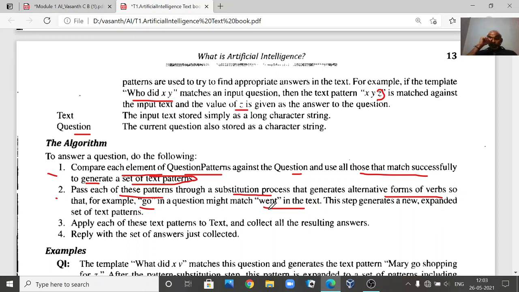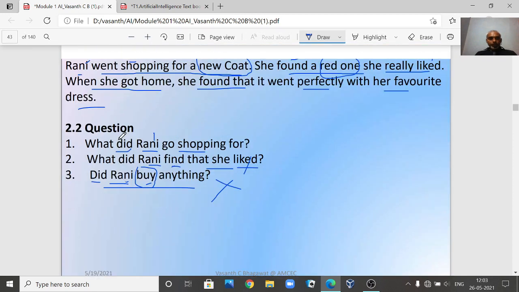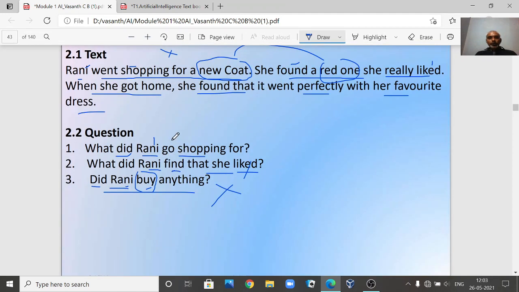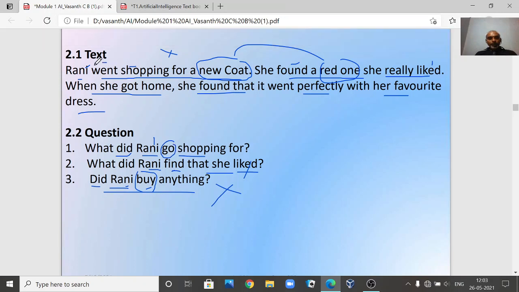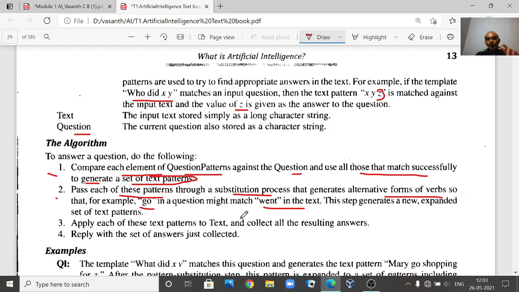In the text went will be there, but in our question go will be there. There will be a slight difference. You have seen here also, like you are saying what did Rani go, so here go is there in our question, right? Now here went is there, correct? Similarly, what did here find is there, here found is there. So there is a difference. So we will try to generate all alternative forms of verbs. Right? This will be done in our second step.